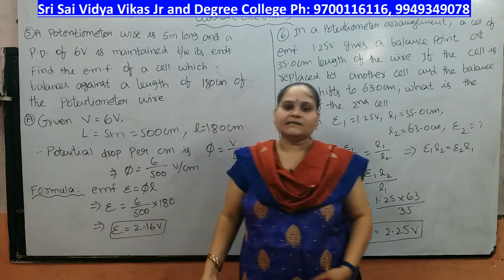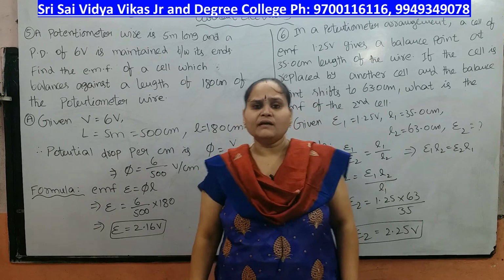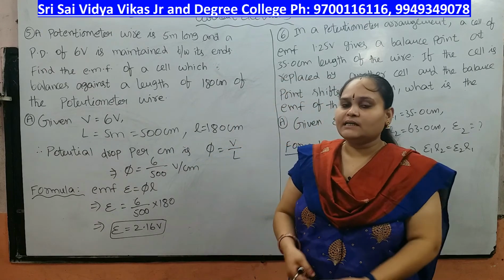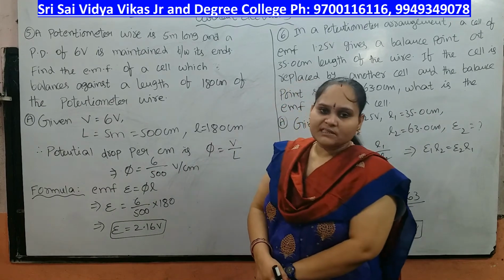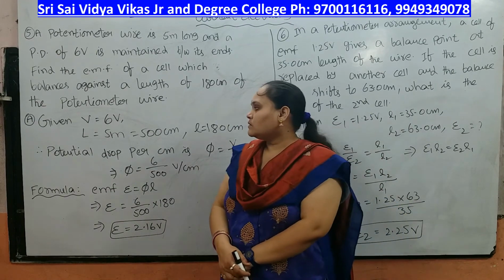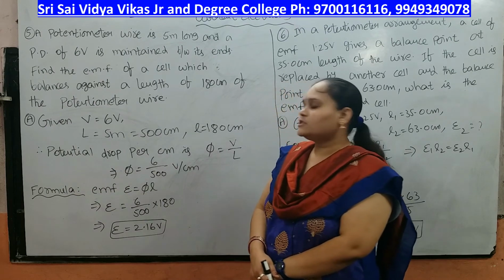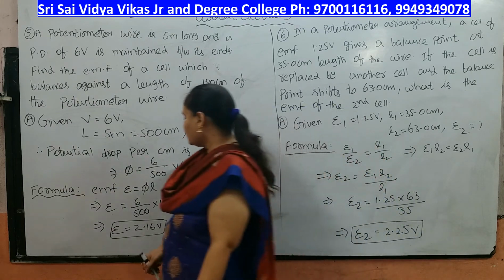Now, we will calculate the EMF of the cell. So, the wire of length capital L is given, and the potential difference is 6 volts, and small l is also given.